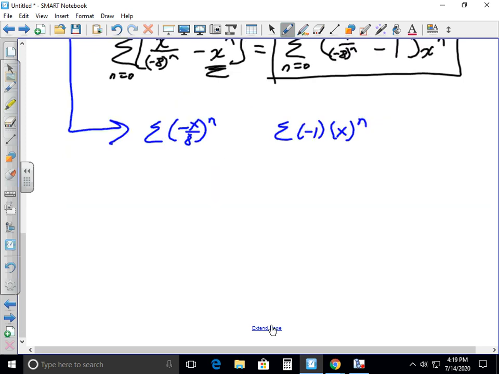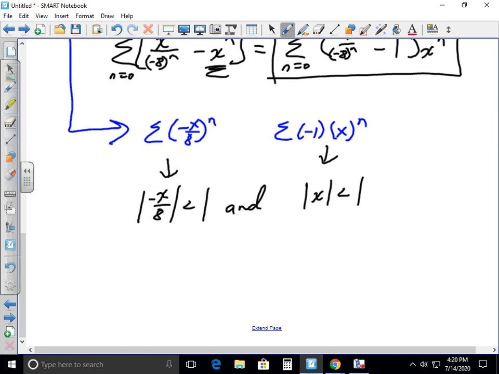So for the first one, r is negative x over 8. So we need the absolute value of r to be less than 1. And also we need the absolute value of x to be less than 1. R is x on that one. So say that again. R is negative x over 8 here.